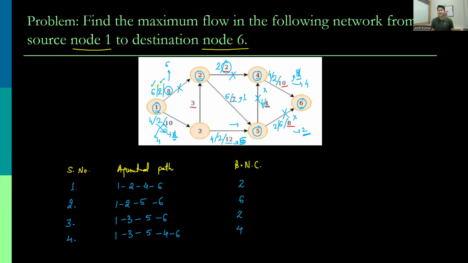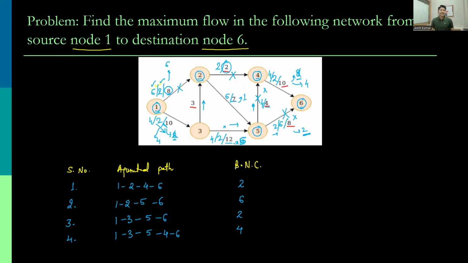So 1, 2, 3. From 3, what are the other ways to move out? 5 is not feasible as we already checked, but 3 to 2 is still open. So 1, 3, then 3 to 2, 2 to 5. Yes, we can come 2 to 5. Further at 5, we are unable to make 5 to 6.